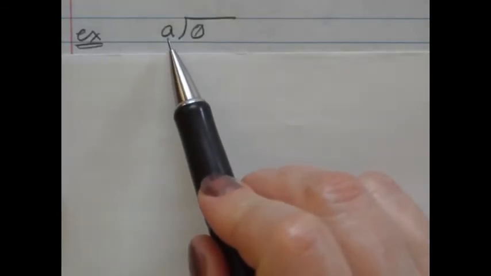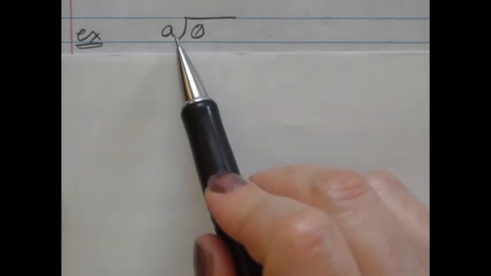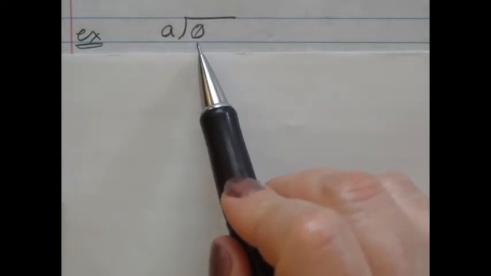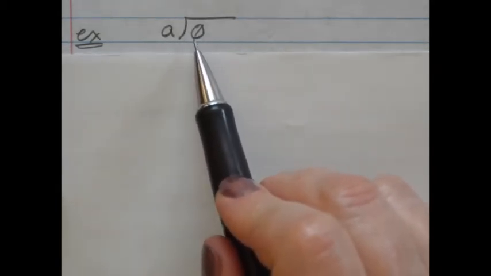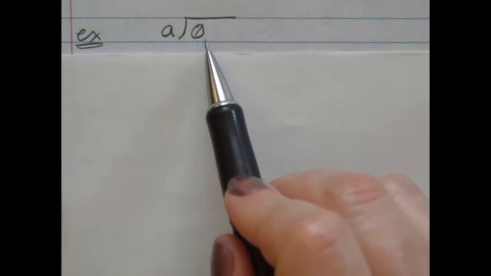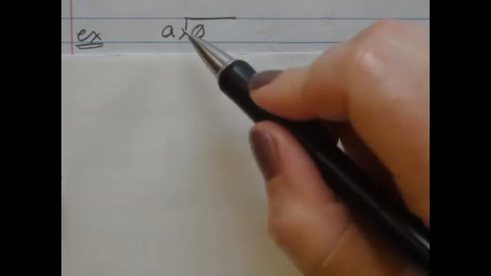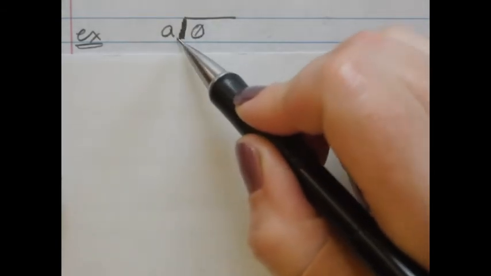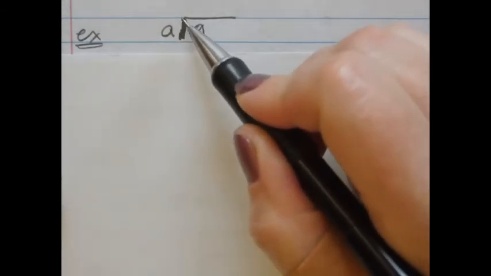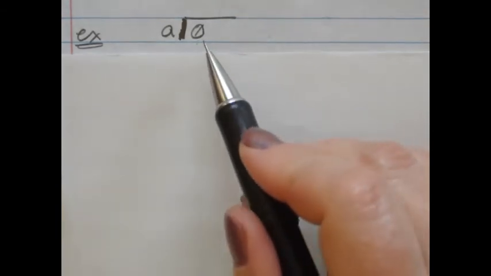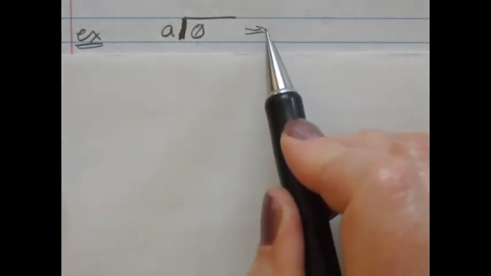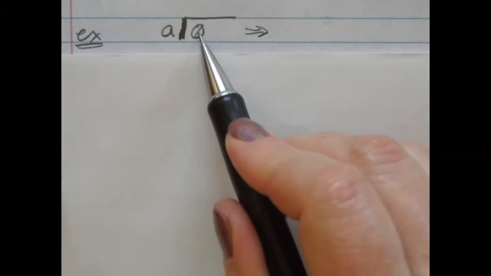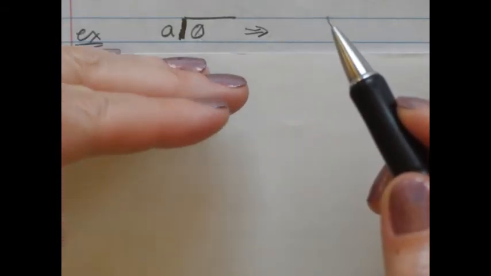Looking at this example, we have a on the outside and 0 on the inside. We do not say a divided by 0. That's not what this is saying. But what's interesting is, let me put this division sign in here instead of the little curved one that we normally see. And what you can do with this problem is turn it back into the fraction. Remember that it fell this way.